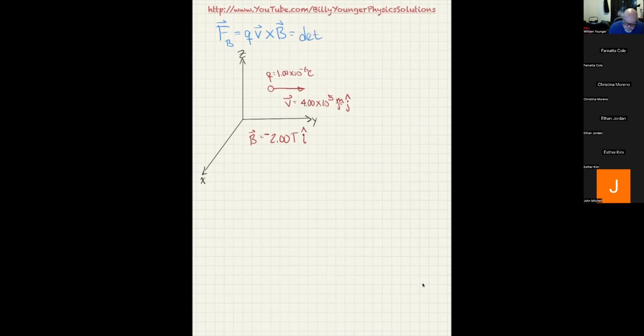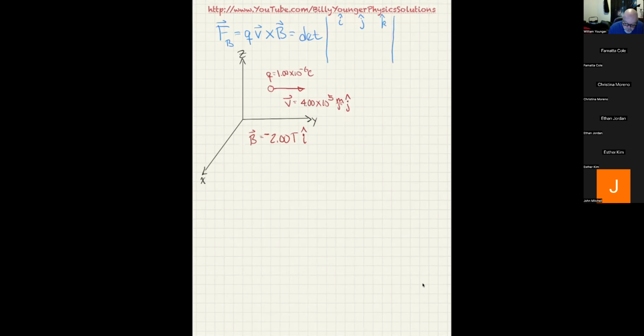Okay. So one way is you take the determinant of a matrix, and the matrix has to have the top row being I hat, J hat, and K hat.